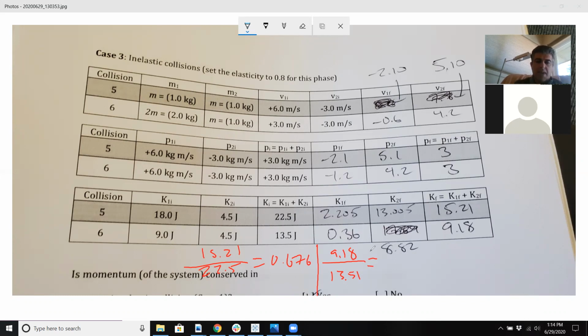Yeah, I kind of get the same thing. I get about 0.68. I think I ran a little too soon, but it's kind of interesting that we're seeing the same ratio.